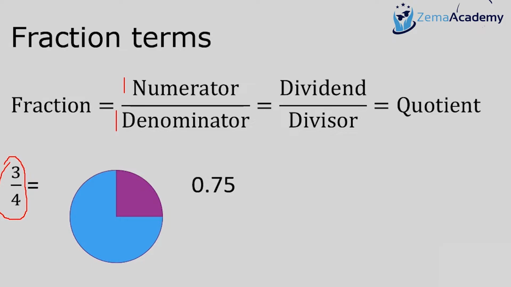If we actually do that calculation, then we change the terms. 3 would be the dividend, and 4 would be the divisor. The result of that calculation would be 0.75, and that's what we call the quotient. The result of the calculation from a fraction is the quotient.